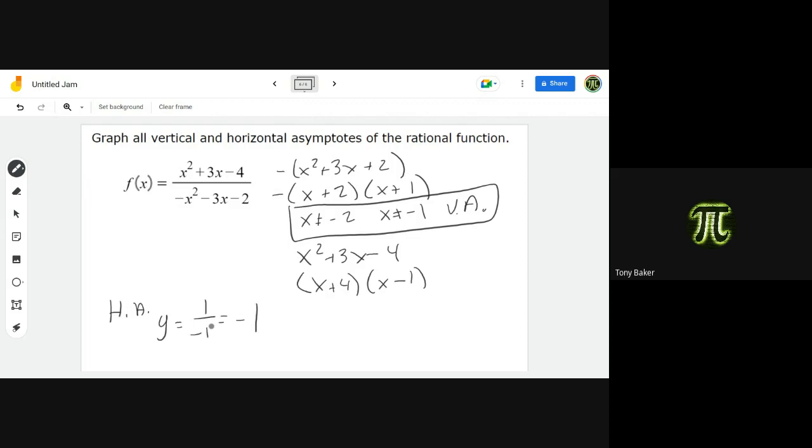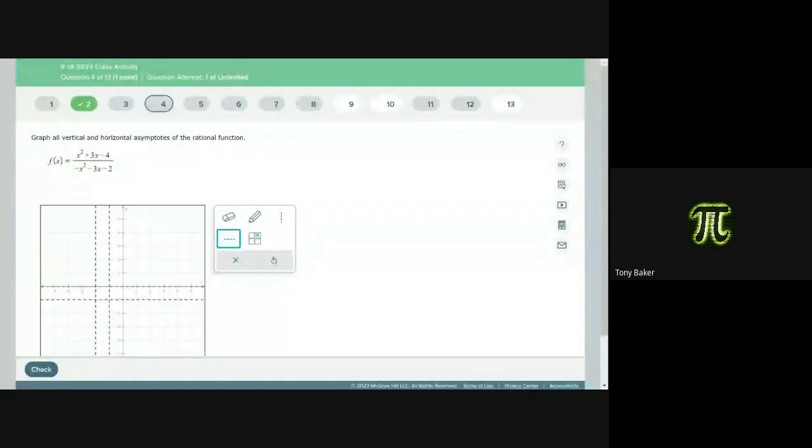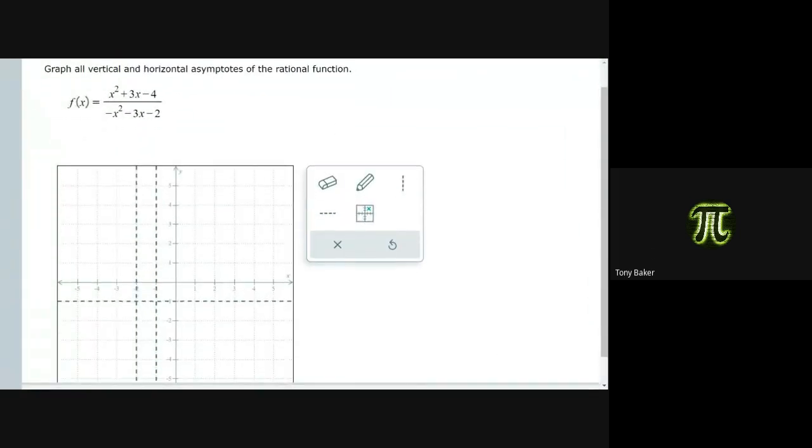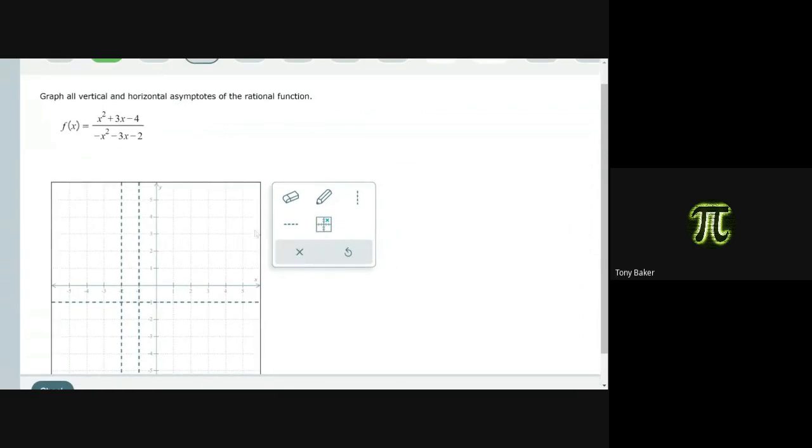So my horizontal asymptote is -1. So when you graph this one on Alex, you have two vertical asymptotes and the one horizontal asymptote.